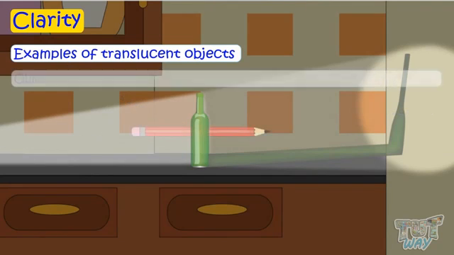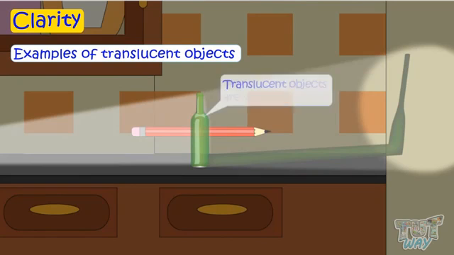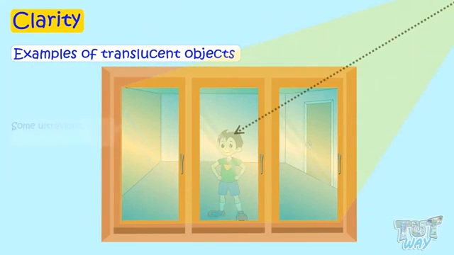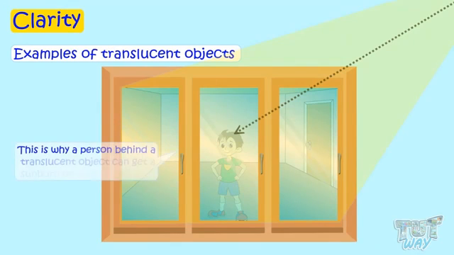Objects on the other side of a translucent object appear fuzzy and unclear, because translucent objects are semi-transparent. Some ultraviolet rays can go through them. This is why a person behind a translucent object can get a sunburn on a sunny day.